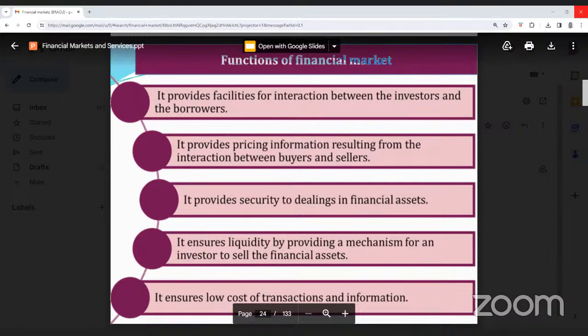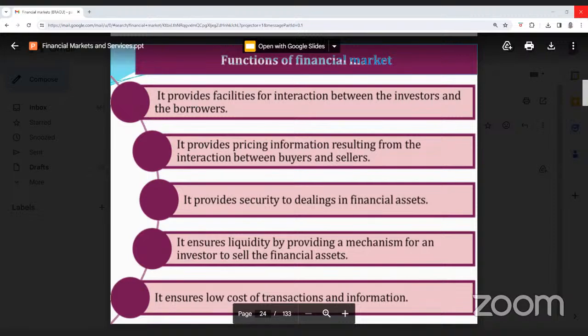Here I have given the five points. In the exam you have to elaborate your answer. So here, interaction: what is happening? There is interaction between two people.